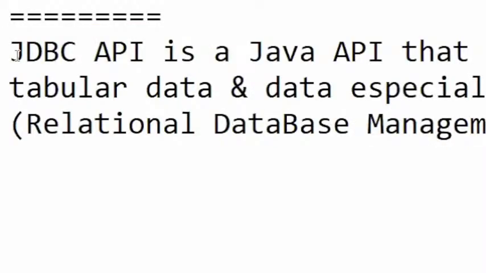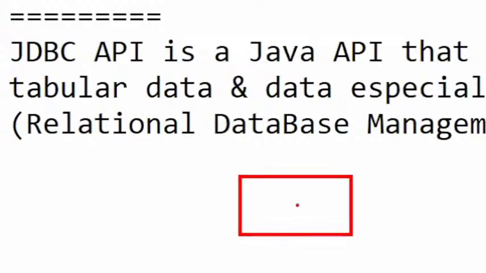Say, JDBC, like first, what is API? Application Programming Interface. It is nothing but a library. If you want to develop an application, first of all, one programming language is required.